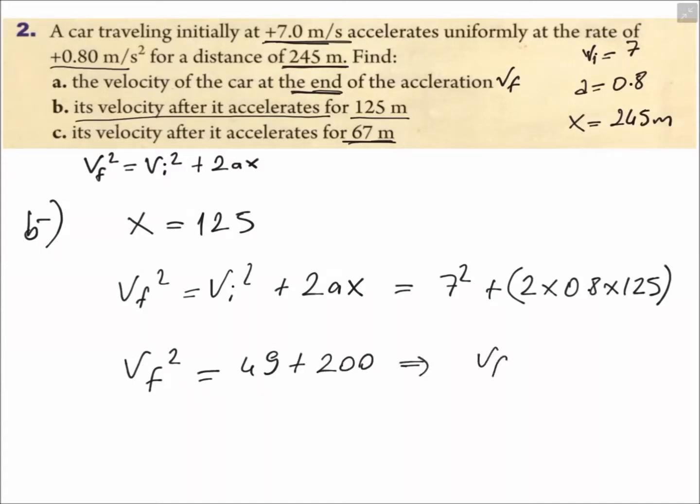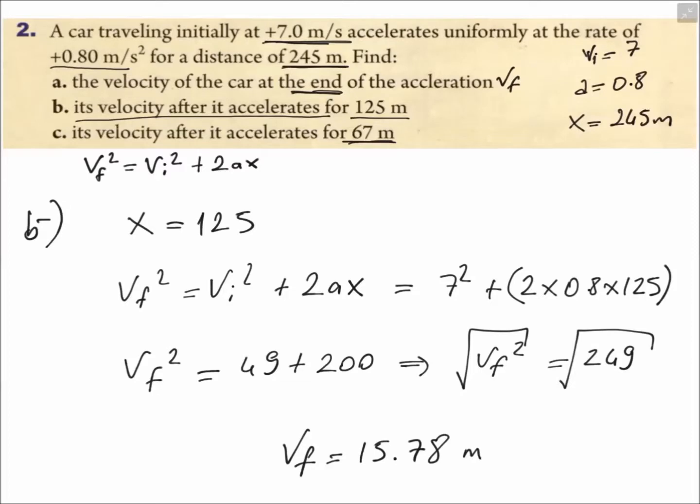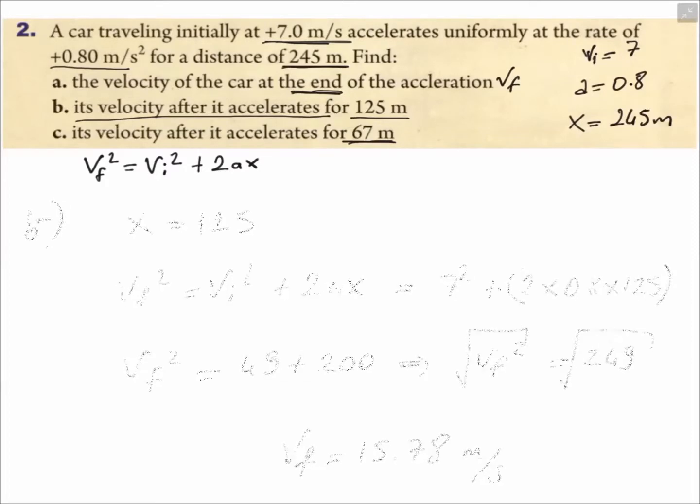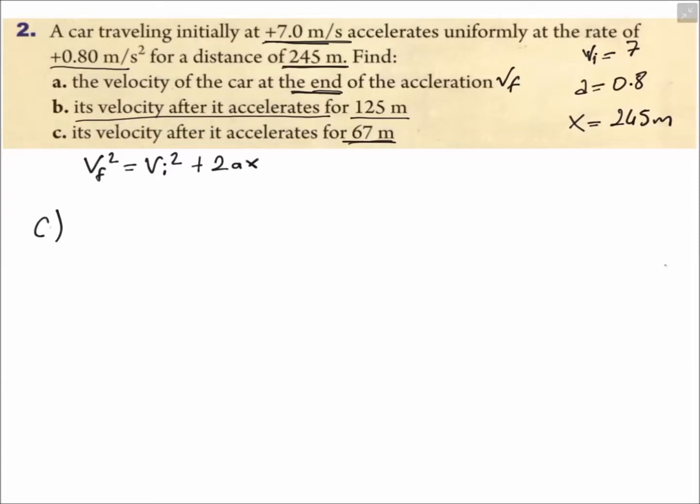So V final square is going to be 249. If you take the square root of both sides, V final is going to be 15.78 meters per second.